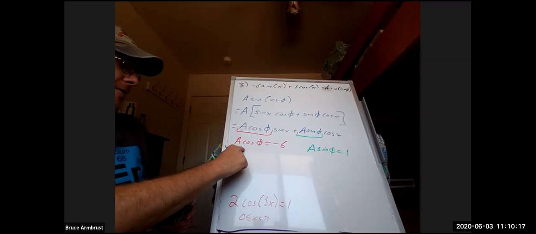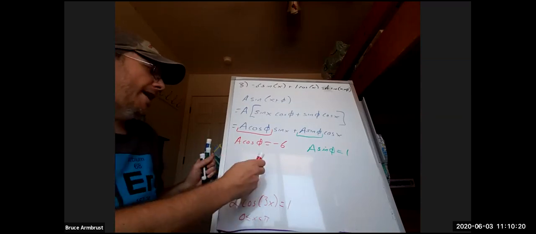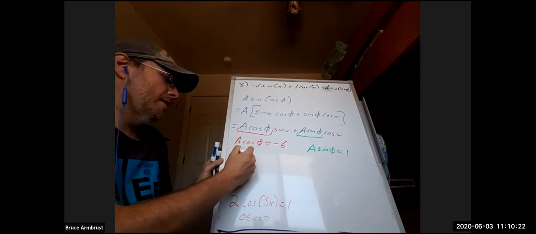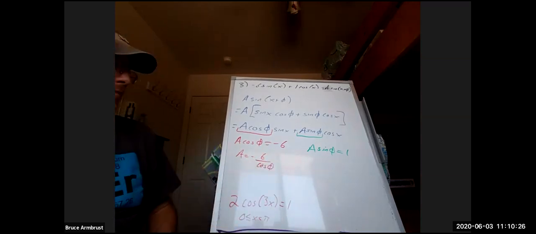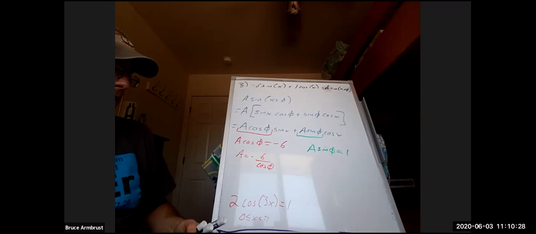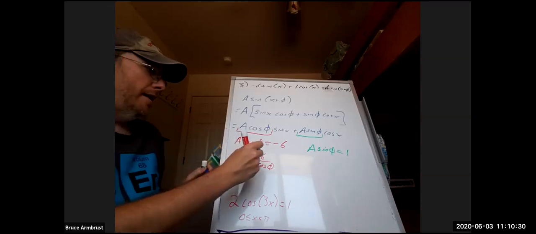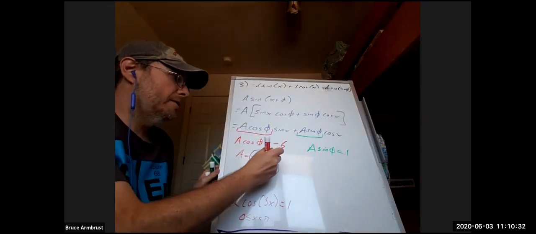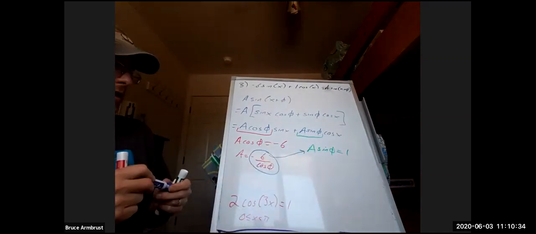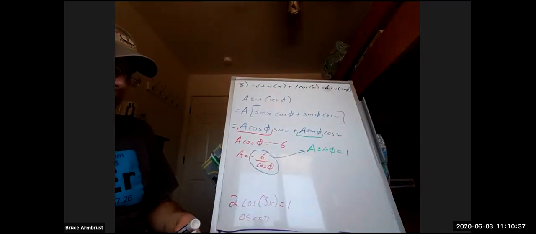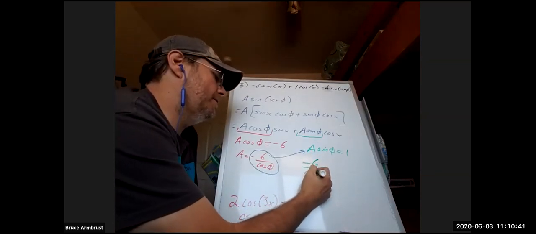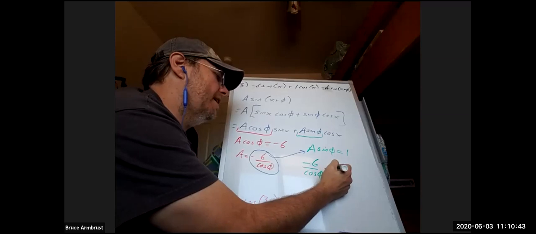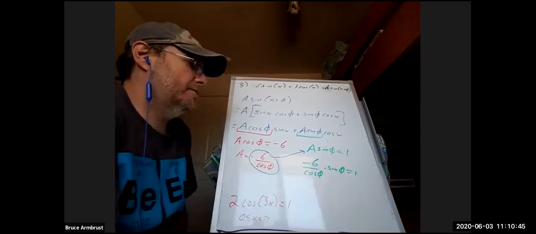Like if I solve this first one for a, I get a is equal to minus 6 over the cosine of phi. And I can take that and put it into the other equation for a so that I get minus 6 over the cosine of phi times the sine of phi equals 1.